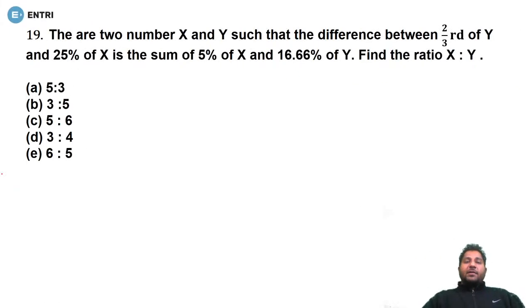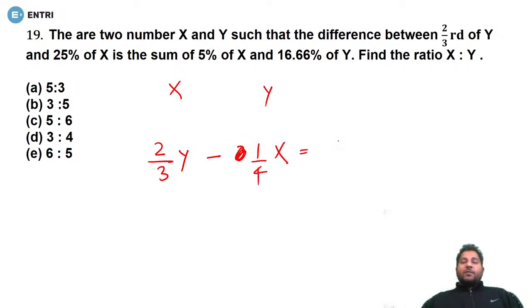Now find the next question. Look, there are two numbers x and y such that the difference between 2/3 of y and 25%, that means 1/4 of x, equals the sum of 5% of x and 1/3 of 1/6 of y.